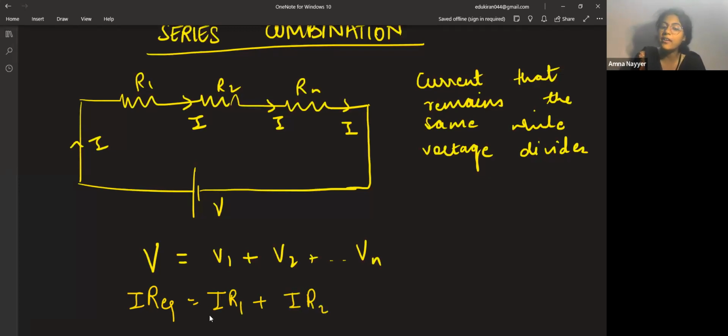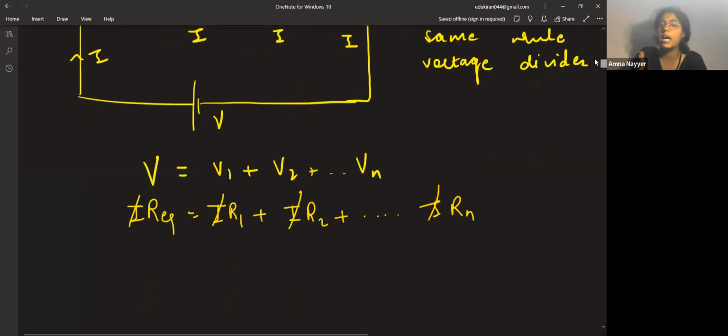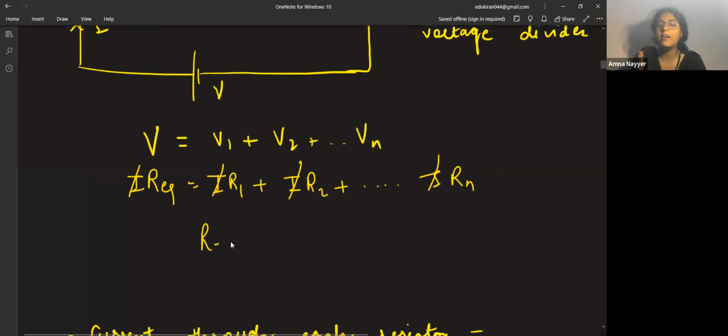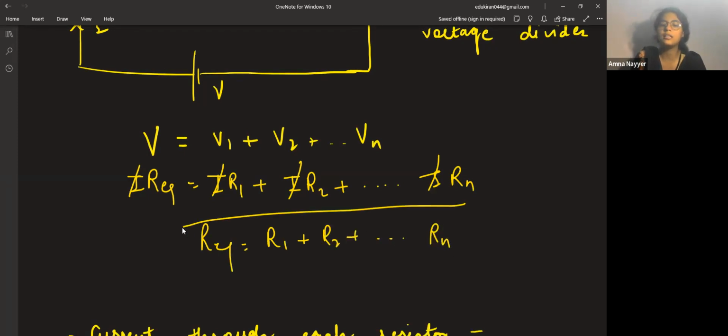Why am I not writing I1, I2, I3? Because current is the same, so I'm using the same variable I. But since resistances are different, I'm using R1, R2 till Rn. So current will get cancelled from everywhere. So in series combination, unlike capacitors, the net resistance is the algebraic sum of all the resistors present: R1 plus R2 plus R3 up till Rn.